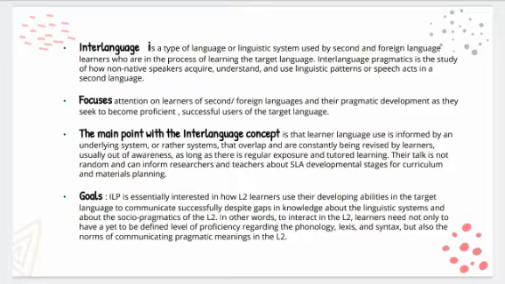Or, interlanguage pragmatics is the study of how non-native speakers acquire, understand, and use linguistic patterns or speech acts in the second language. This interlanguage pragmatics focuses attention on learners of a second or foreign language and their pragmatic development as they seek to become proficient, successful users of the target language.